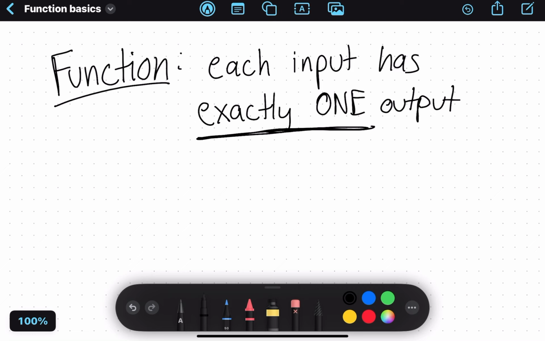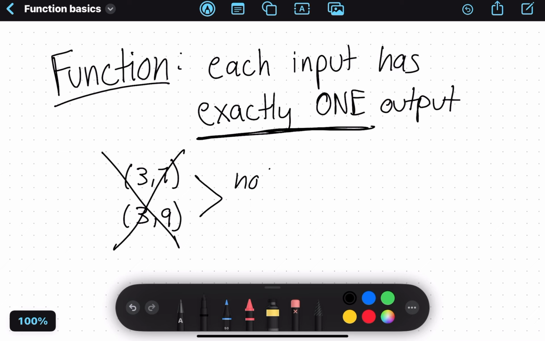So what I mean is, let's say we have the point (3, 7) on a graph, and on the same graph we have the point (3, 9). This is not a function. Not a function. Why?